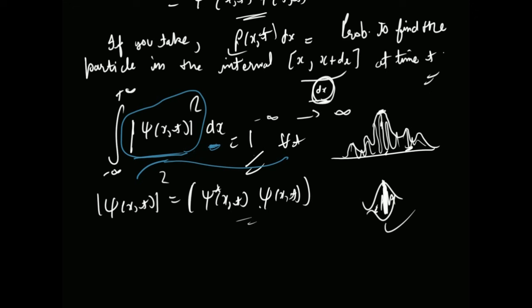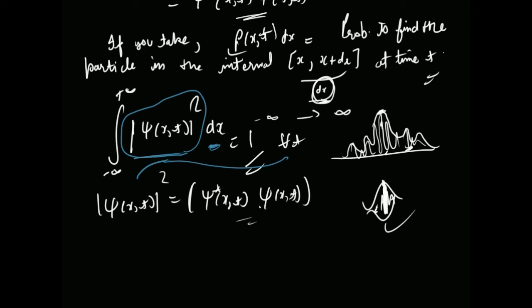Every equation in physics should be dimensionally correct, that is, on the left hand side and right hand side the units and dimensions of the physical quantities should be equal.